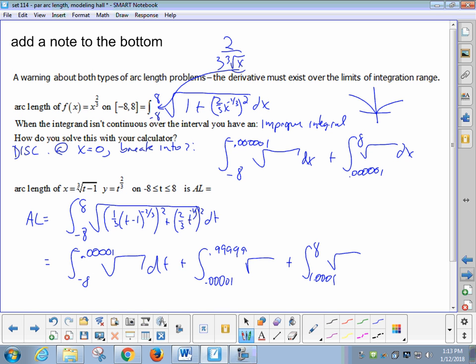If you were to do this more analytically without a calculator, you would have limits there and let those numbers approach.